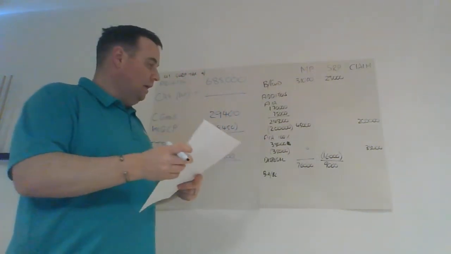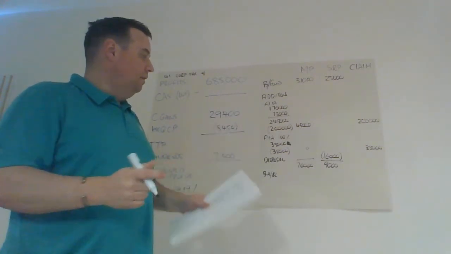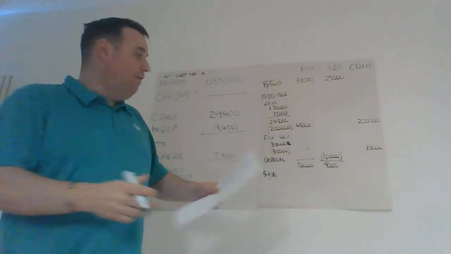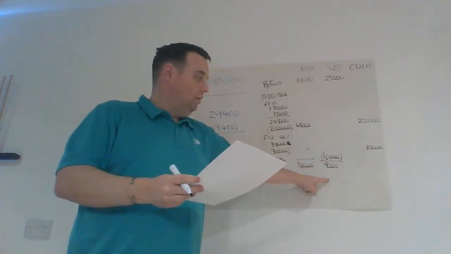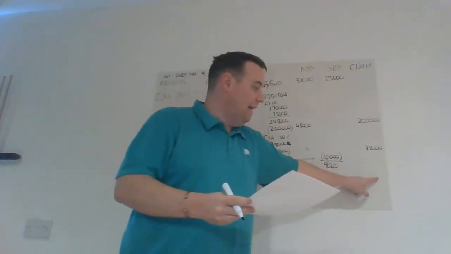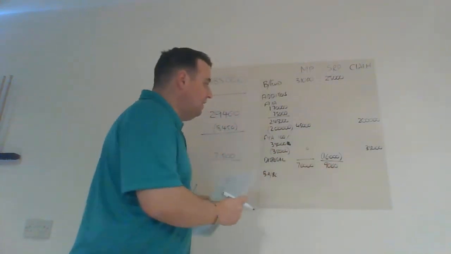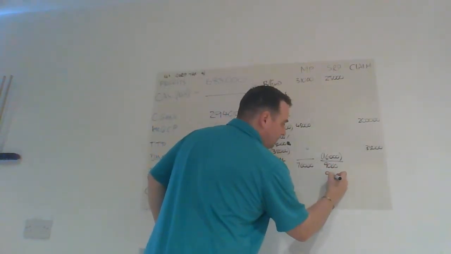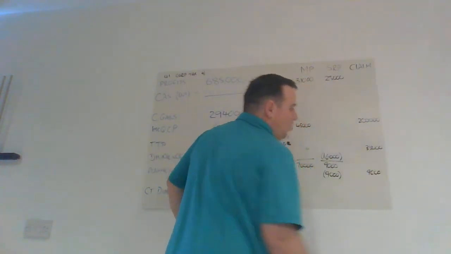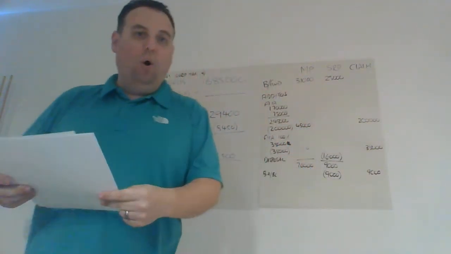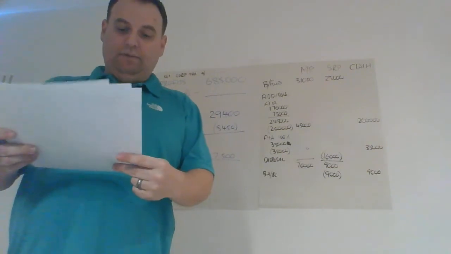We need a balancing allowance. If this was a negative figure, we would put a figure in here that would be a negative here. To get this to 0, we need to claim 9,000 more capital allowances.